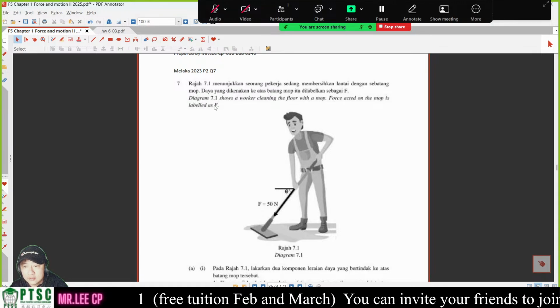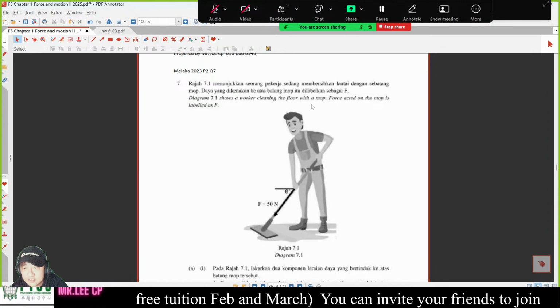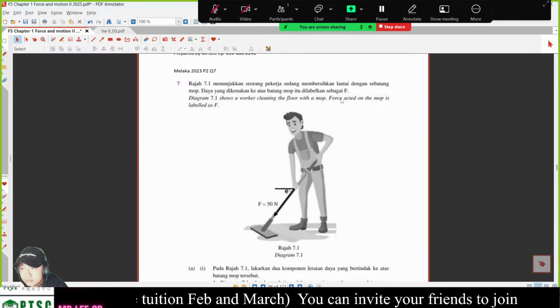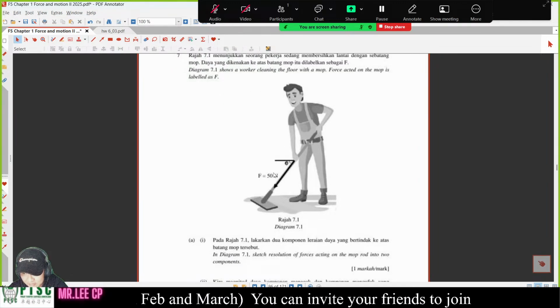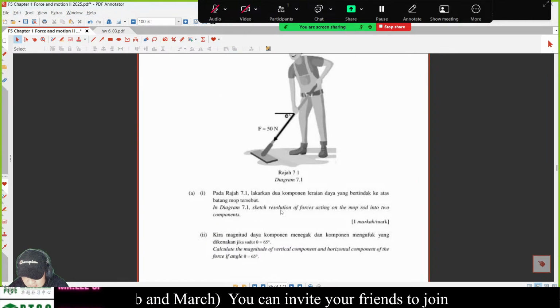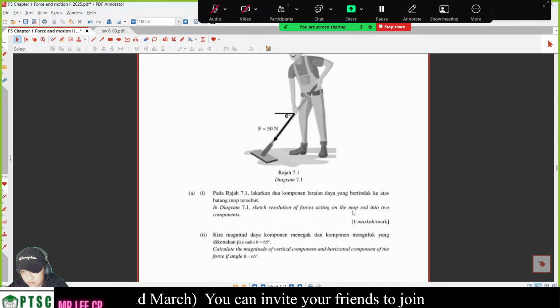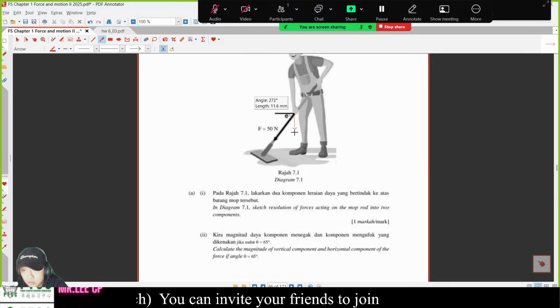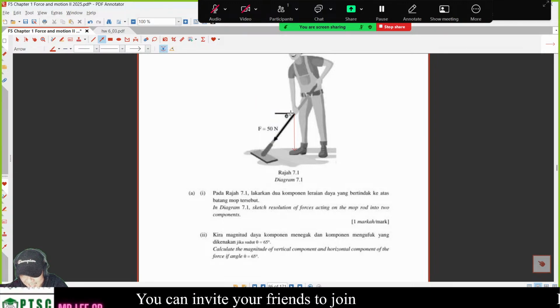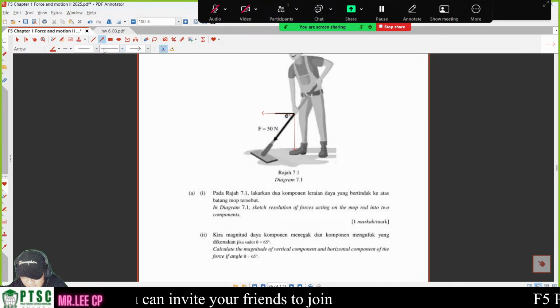So, diagram 7.1 shows a worker cleaning the floor with a mop. The force acting on the mop is labeled as 50 Newton. Sketch the resolution of the force acting on the mop into two components, right? So, one is Fy, one is Fx.